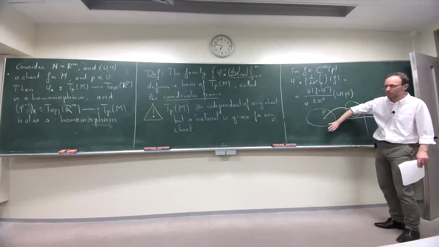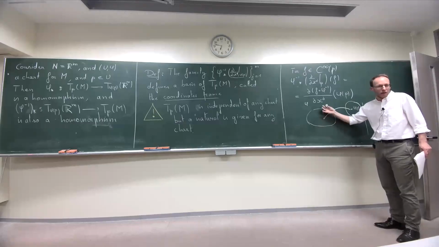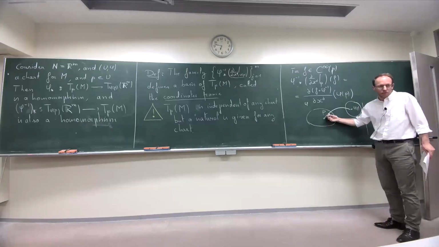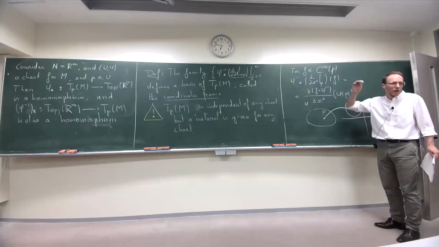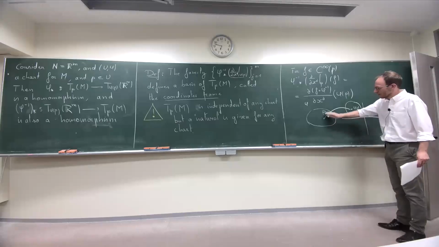The temperature is one quantity which can be associated to any point of the manifold. It's a function from the manifold to R. This is a good example of a function defined on the manifold.